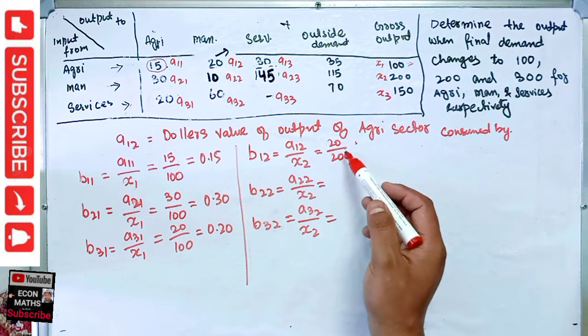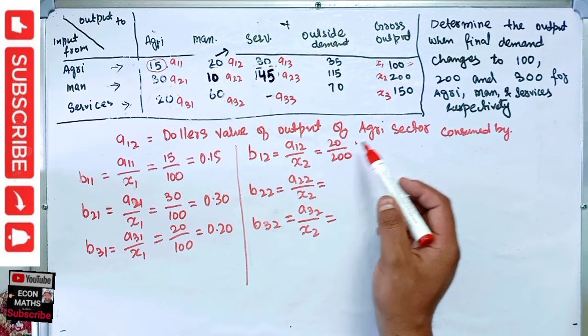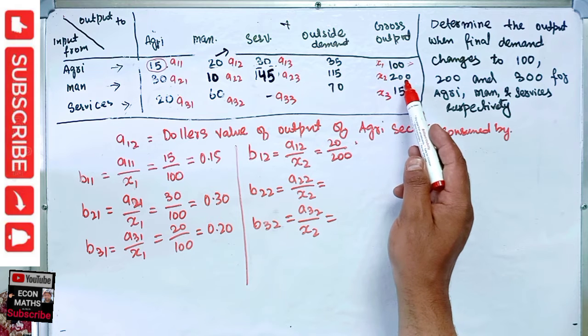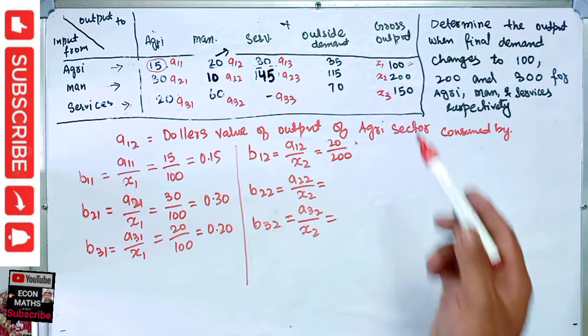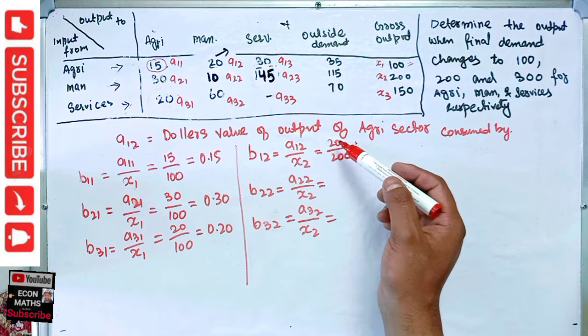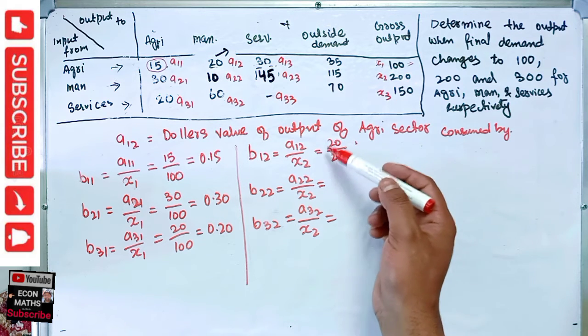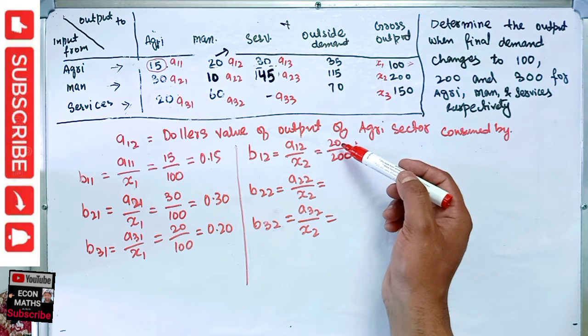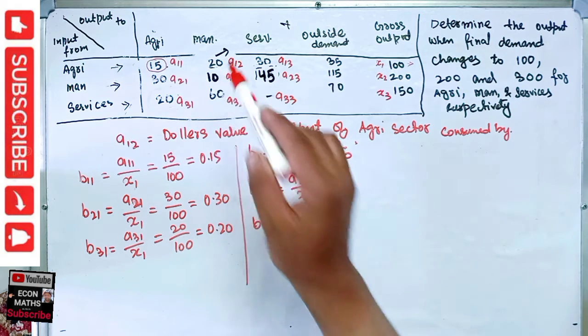What does this number tell us? Simply, it tells us that in producing 200 units by the manufacturing sector, 20 units are being taken from the agriculture sector.